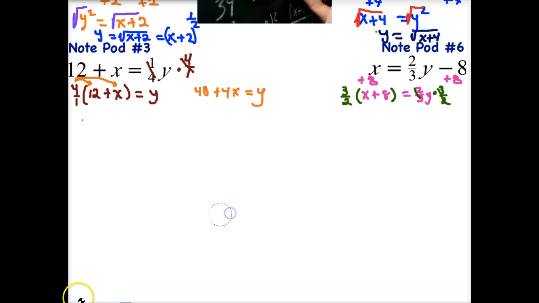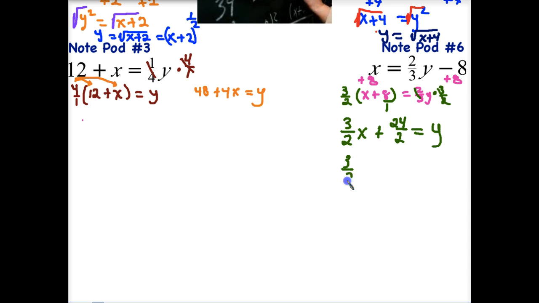Okay, so if we did distribute into the parentheses, then we would take 3/2 times x, which is 3/2 x, and then 3/2 times 8, which is the same as 8 over 1. So you would get 24 over 2, which can simplify to 12. So you could leave it like that too. That's another option.